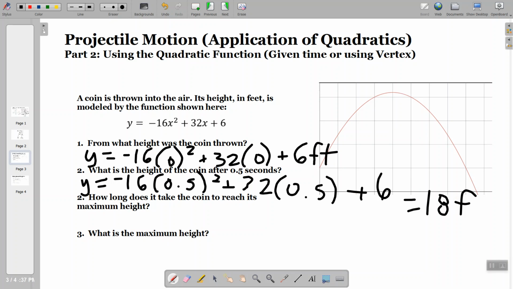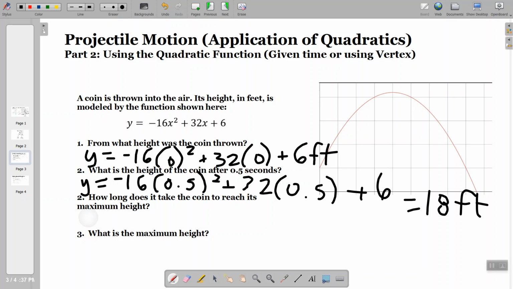All right, so now we're going to do a little bit of focus on that vertex point, that maximum point in this upside down parabola. In the first two examples, I gave you an X value, I gave you a time, but now I want to know what this height is, but I don't know the time. The one thing I know for sure is that that is the vertex.